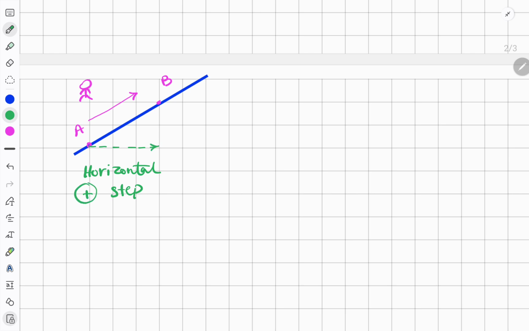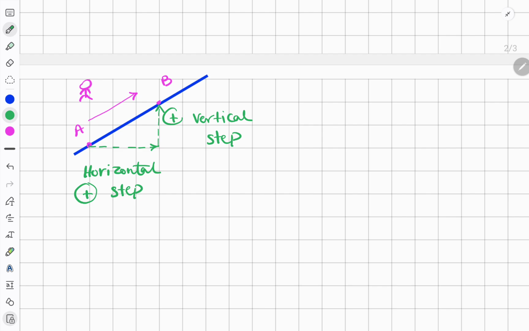And then move 2 units up, which is positive again. So vertical step. In fact, by dividing horizontal step by vertical step, we can find the gradient of line AB.